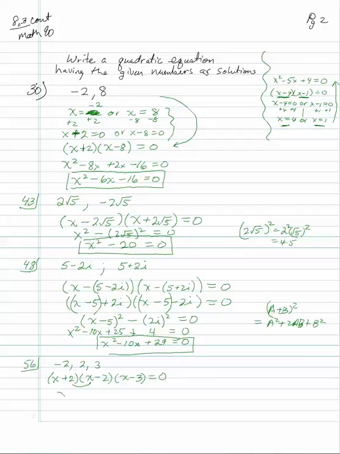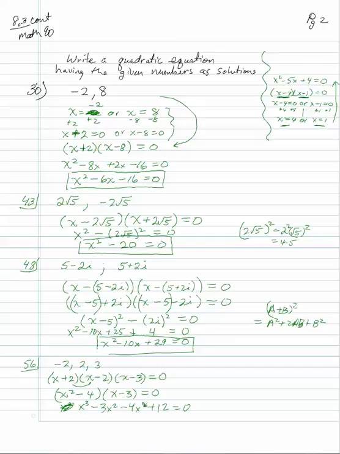That's just a difference of squares. X squared minus 4, x minus 3. Now I'm going to distribute. So x squared times x is x cubed minus 3x squared minus 4x squared plus 12 equals 0.